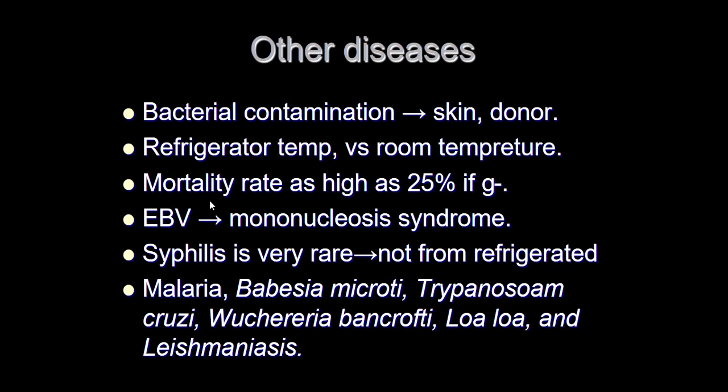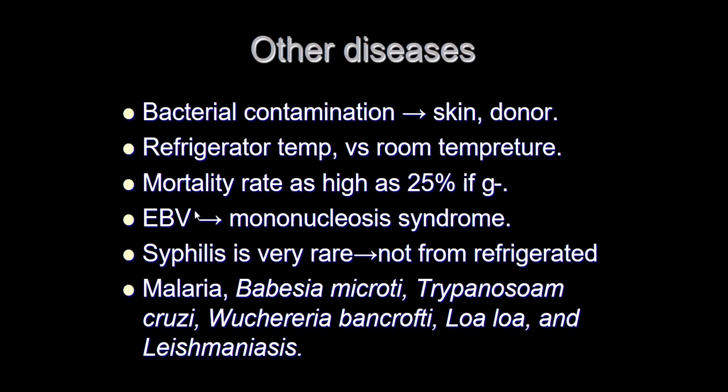The mortality rate when a patient is having gram-negative sepsis, for example, is extremely high. And 25% of those patients, if the blood is contaminated with the gram-negative bacteria, they will die. They develop gram-negative septicemia or septic shock, and they die. What about the Epstein-Barr virus that causes infectious mononucleosis syndrome?